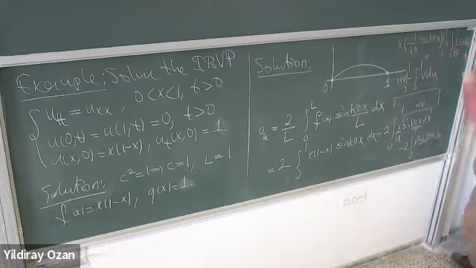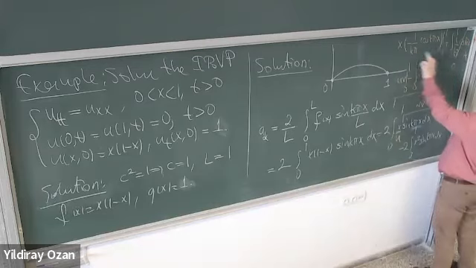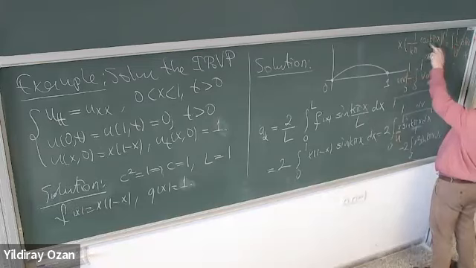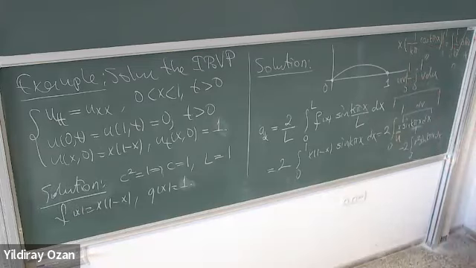Okay, the integral of this is just sine, and when I plug in 0 or 1, I get sine of an integer multiple of pi, which is just 0. So this integral will give me nothing. What about this one? When I plug in 0, this is again 0. When I plug in 1, I get cosine k times pi.